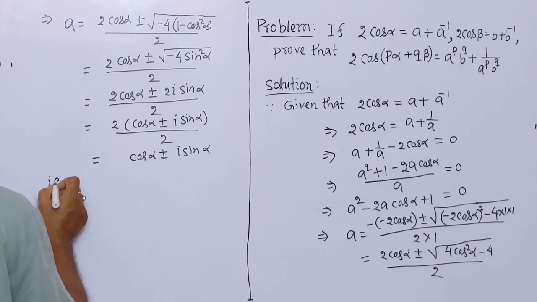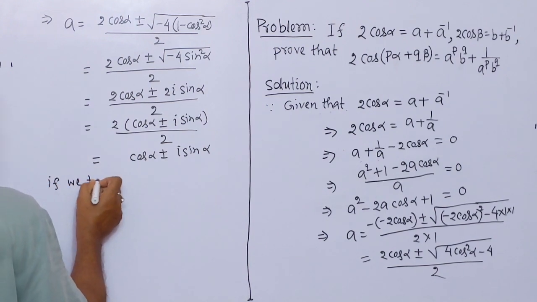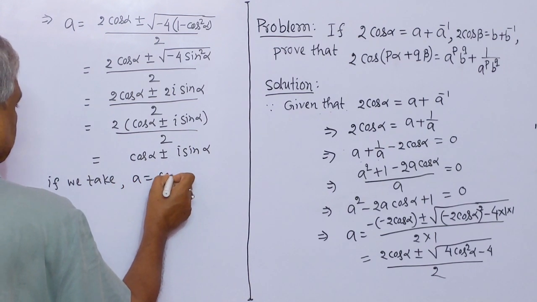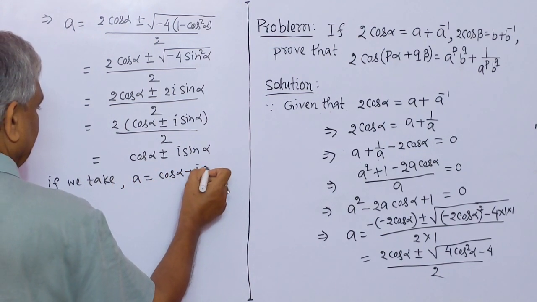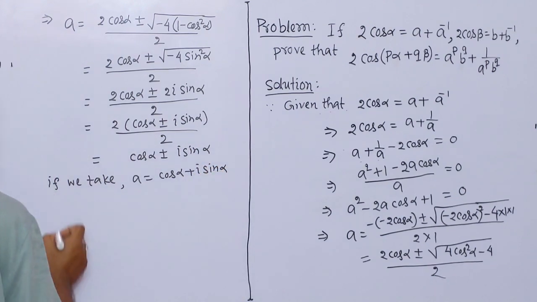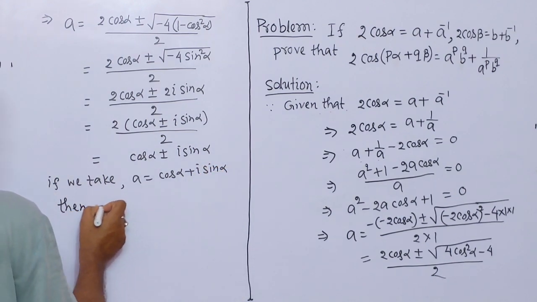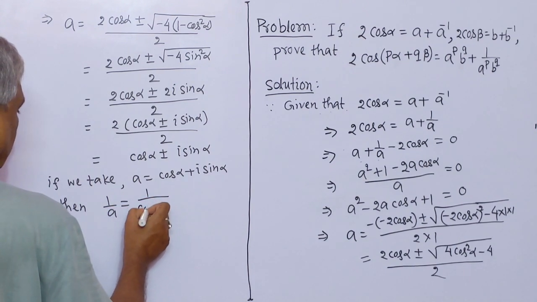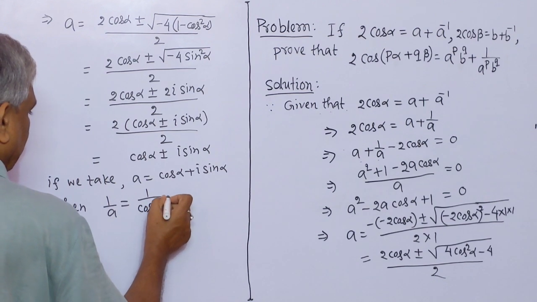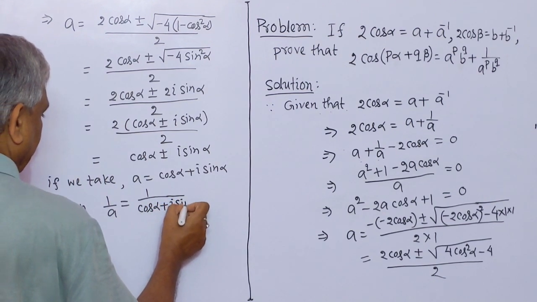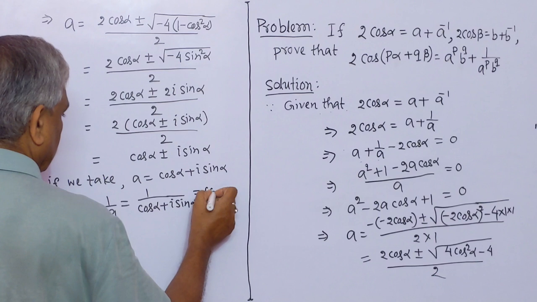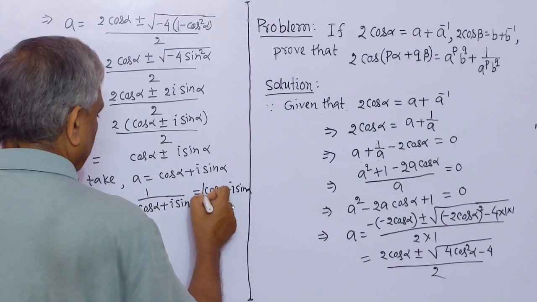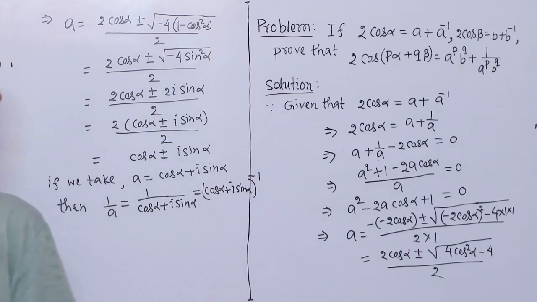If we take a equal to cos alpha plus i sin alpha, then 1 by a equals 1 by cos alpha plus i sin alpha, which equals cos alpha plus i sin alpha whole to the power minus 1.